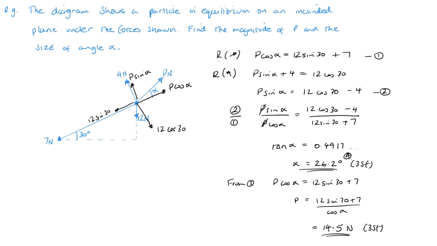Obviously I could have used equation 2 as well, but in cases like this, using sine over cos is equal to tan, and the P's cancelling is a good way to narrow down and get to just the one unknown. Okay, so hopefully you found that quite easy.